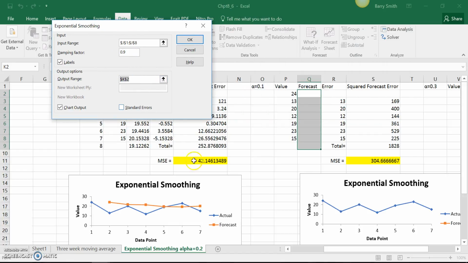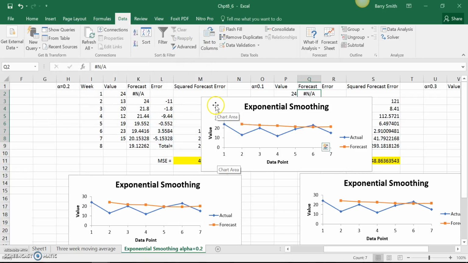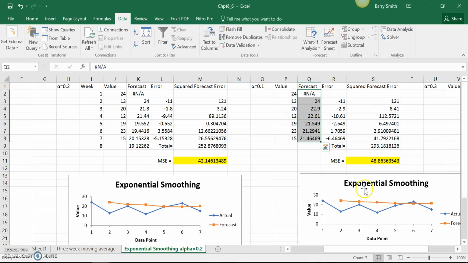We're going to put it into the output range, and let's put it right here. Oops, I'm totally messing this one up. We better select this as our data, and then we better put the forecast here. And we want chart output, so that will work. And basically it's going to give us the same chart we have already down here.